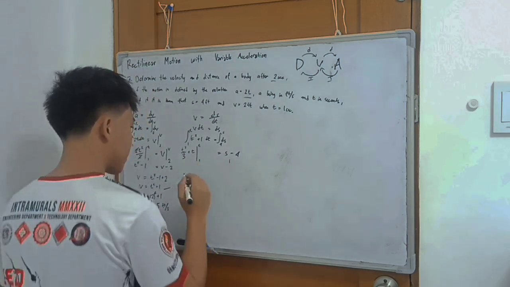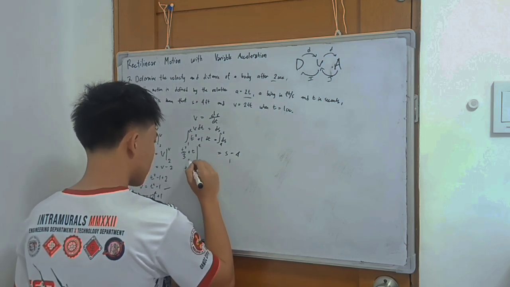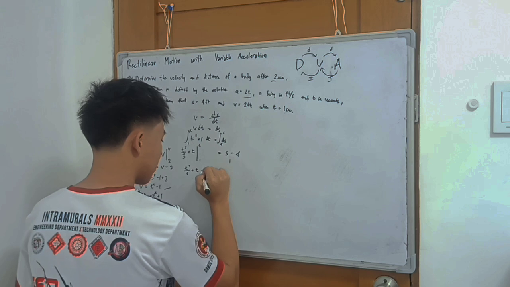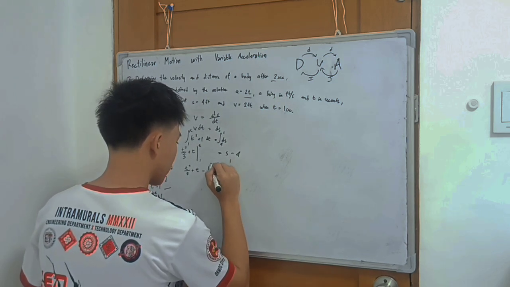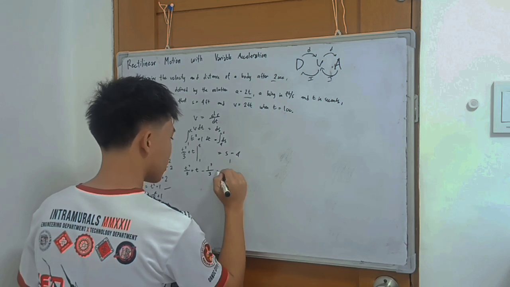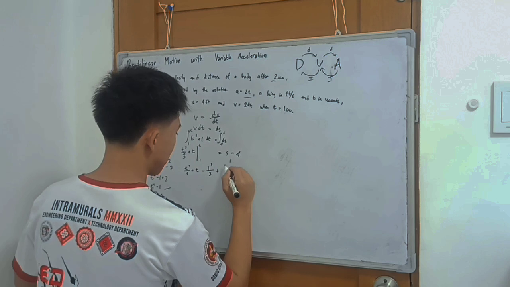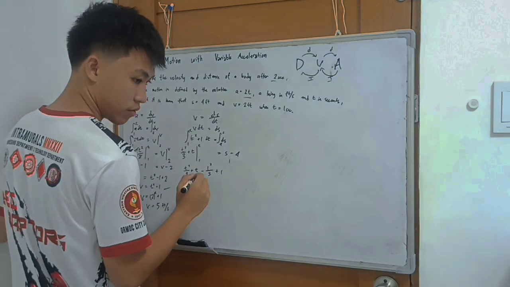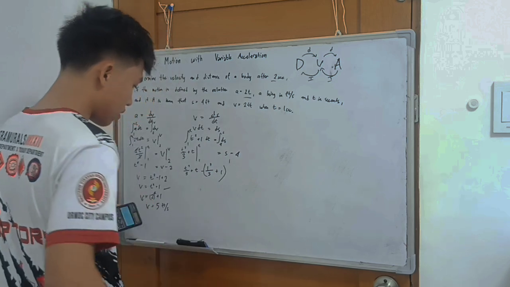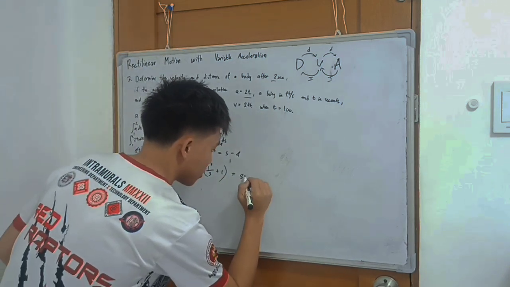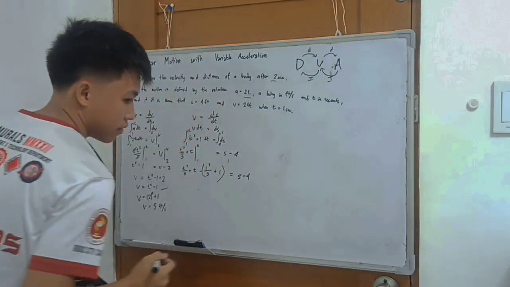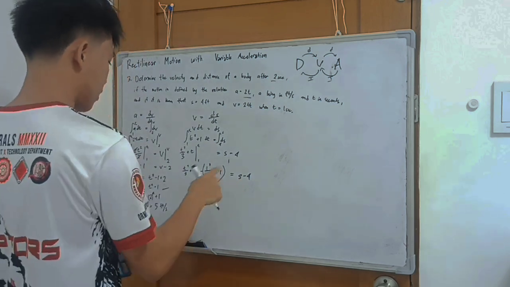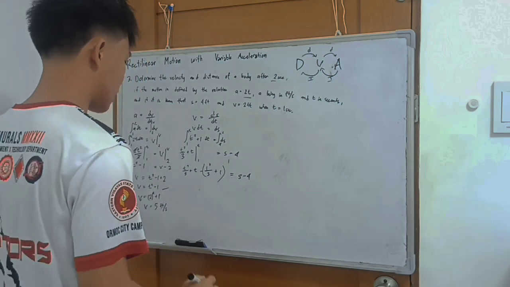So we integrate to t cubed over 3 plus t. Substituting the upper limit, we get t cubed over 3 plus t, minus the lower limit, 1 cubed over 3 plus 1. So we get this equation equals s minus 4. We can transpose this negative 4 to the other side and we can get the distance.